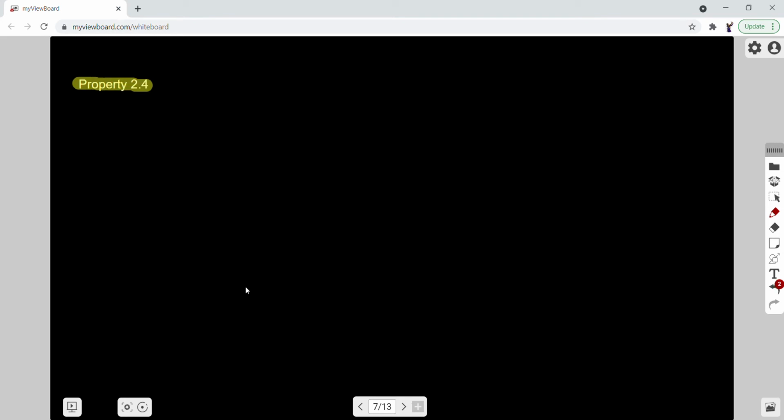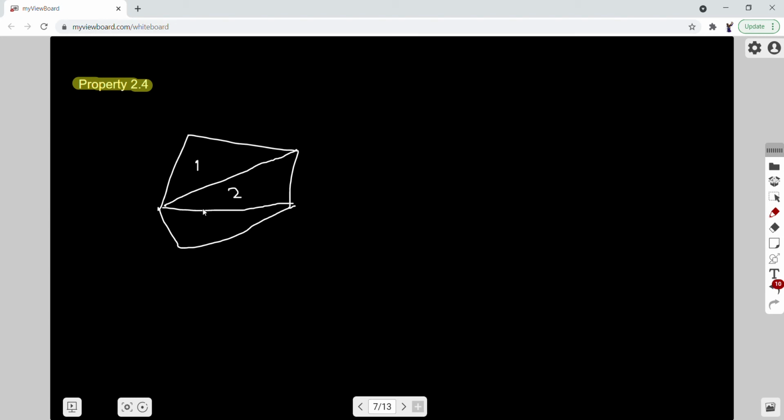Next property. So property 2.4 is find the sum of all interior angles in n-gon. So n-gon is just like the triangle, then it's a polygon. So example, we take a pentagon. So we can divide this pentagon into three triangles, 1, 2, 3. So similarly, if you have a square, we can divide it into 2.